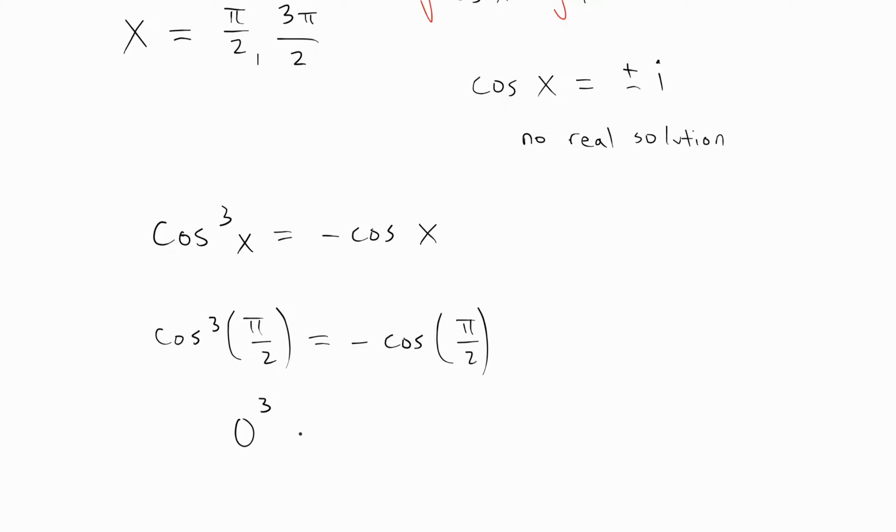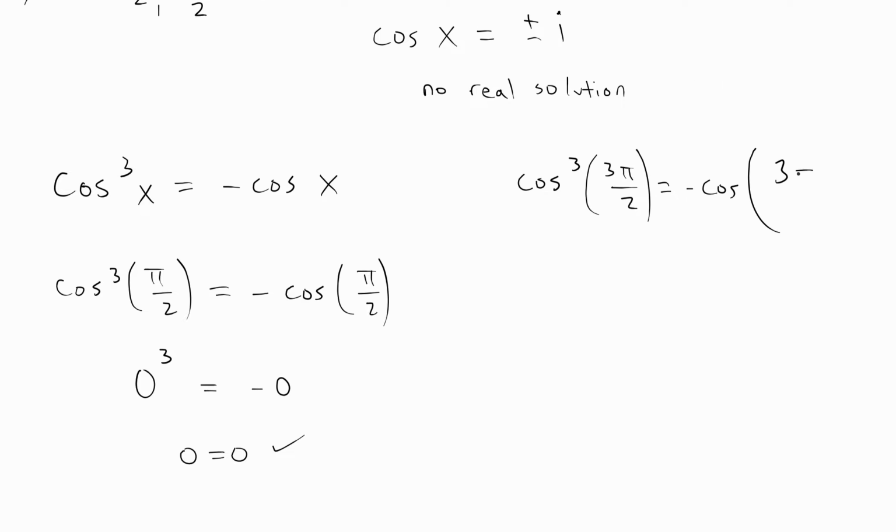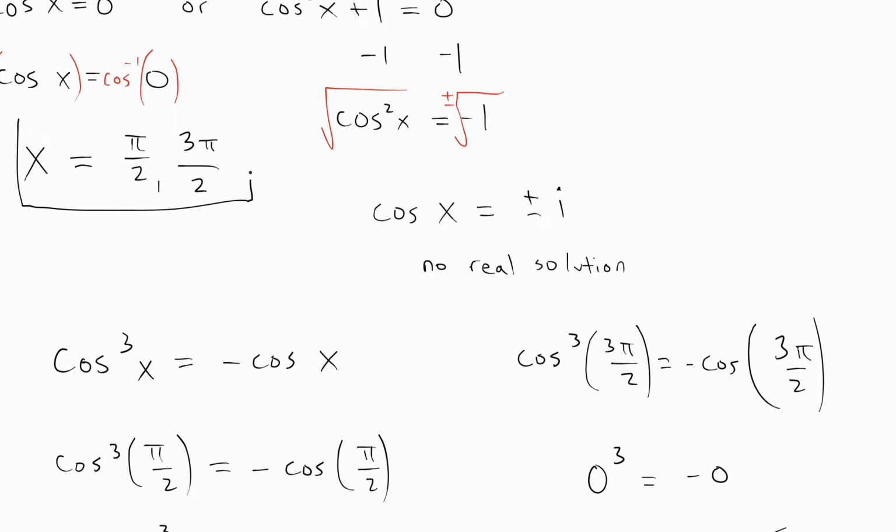So we have 0 cubed equals negative 0. That checks. And then we can try this one. So this also is 0. That checks as well. So these are the solutions.